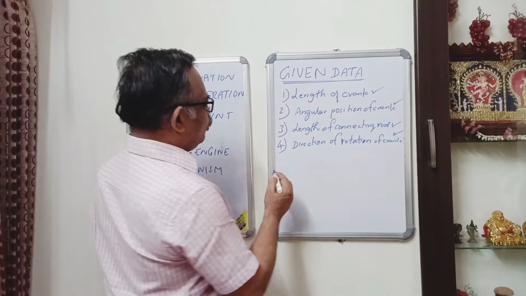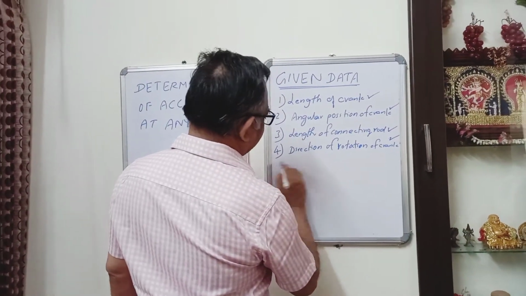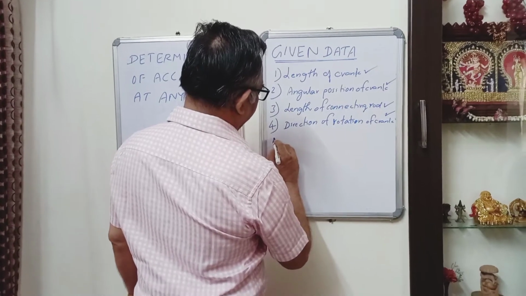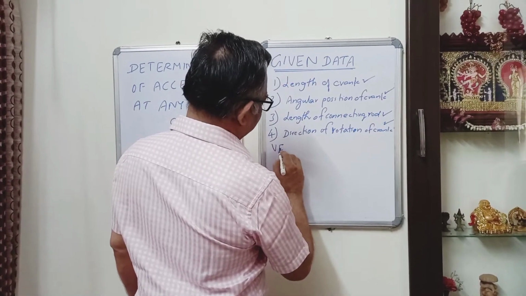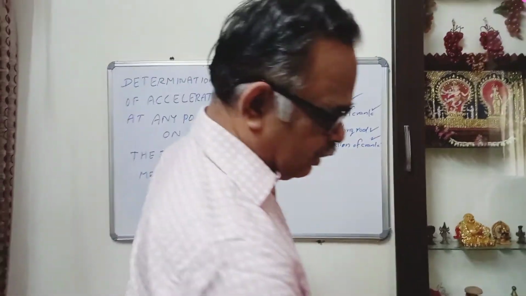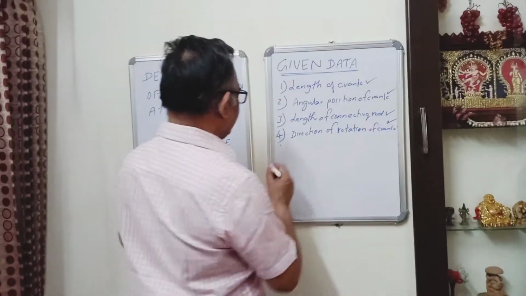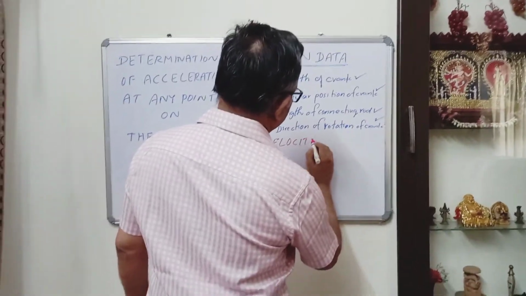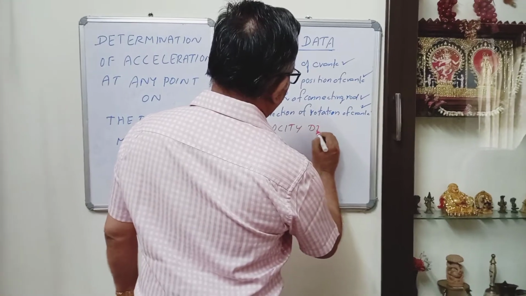So I'll just write down velocity diagram, in a different color.